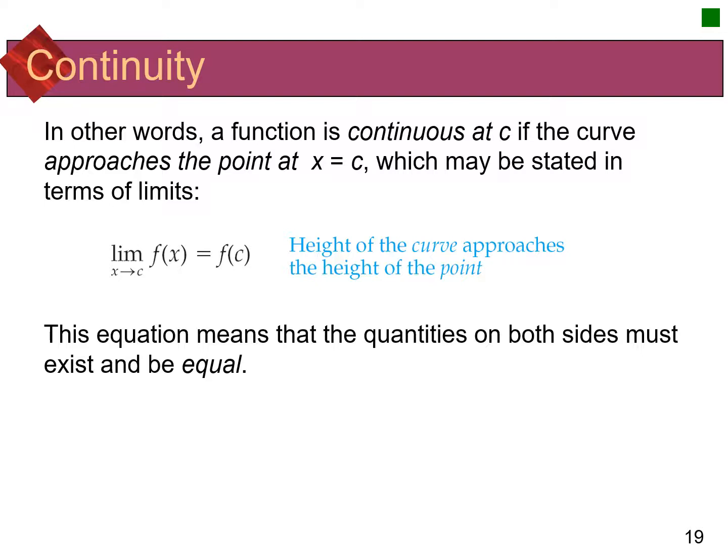All those functions that we dealt with originally, for the value of x we were looking at, were continuous at that particular point. And if it's continuous there, then we know that the function exists and everything like that.